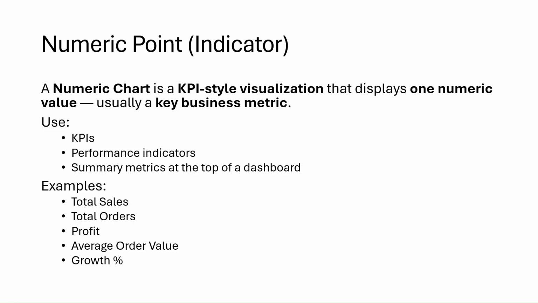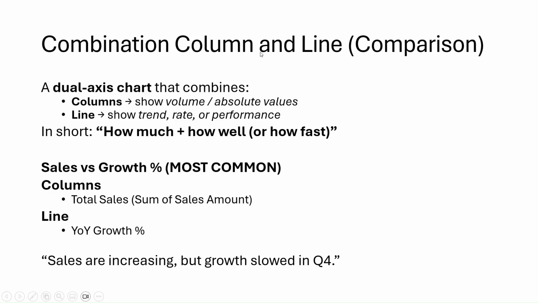And the next one is the combination of column and line chart. So these are useful. You can see the dual axis chart that combines columns, which show absolute value. So maybe you can do the comparison between the two measures based on the value of the dimension, and at the same time you also want to show the trend rate or performance, because when you do the comparison using the bar chart or the columns, it shows you the absolute difference between the values, but maybe the percentage of increase and decrease compared to the previous month is way higher.